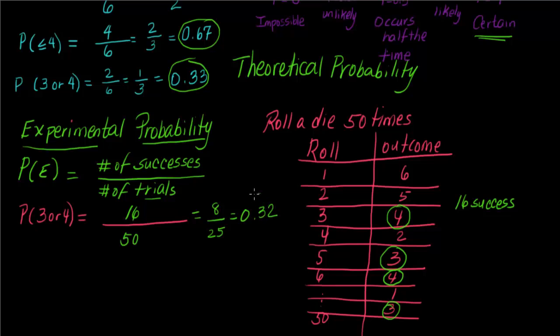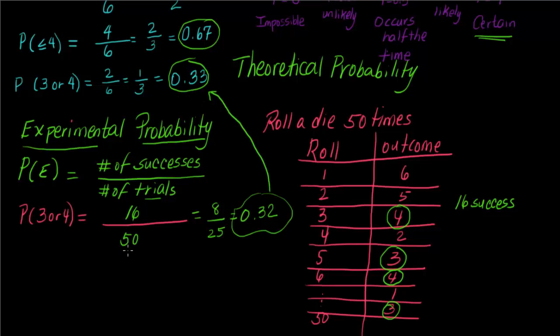Now, is this close to the probability that we found in theory? Very close, okay? So sometimes it will be very close, sometimes not. But in theory, the greater amount of times you conduct the experiment, the closer you will be to the probability that we found in theory.